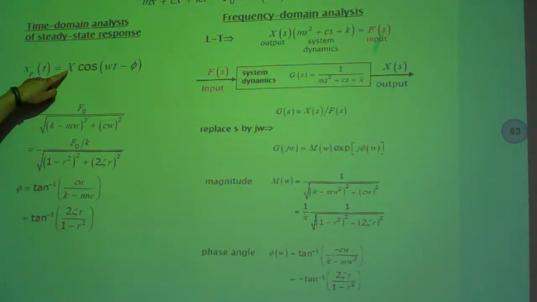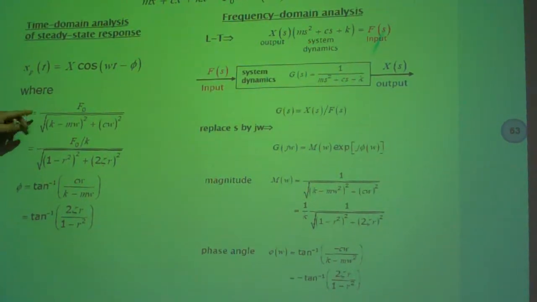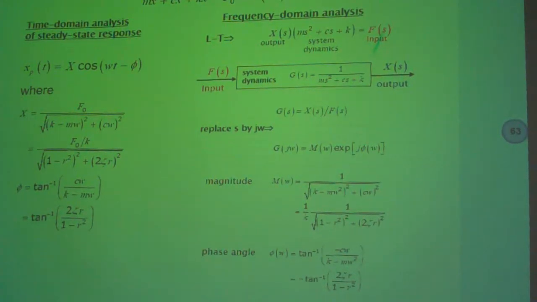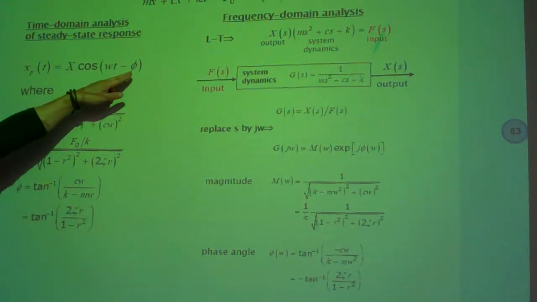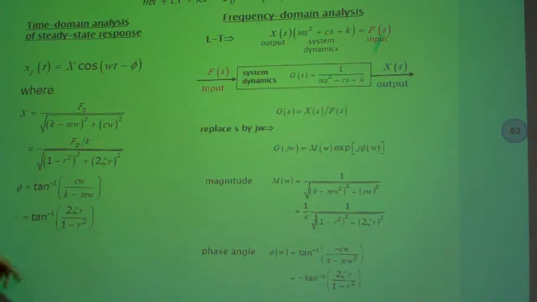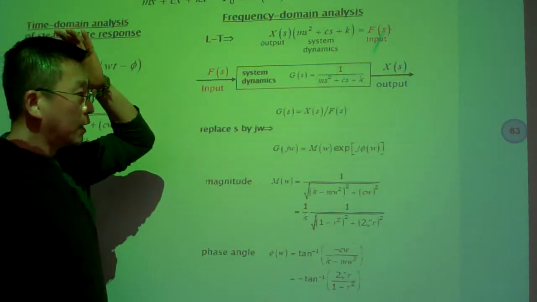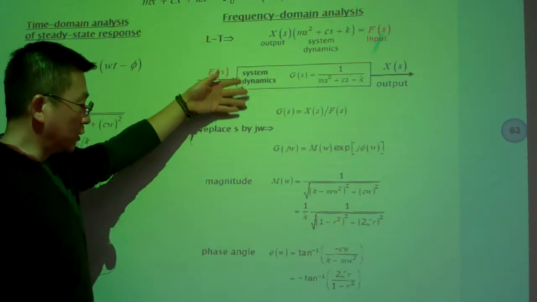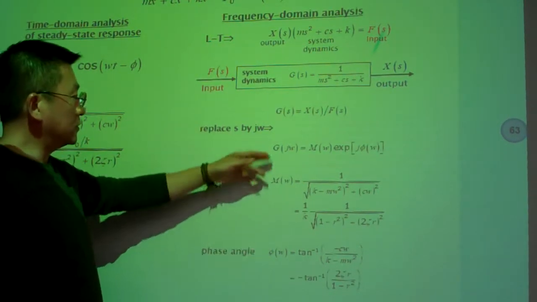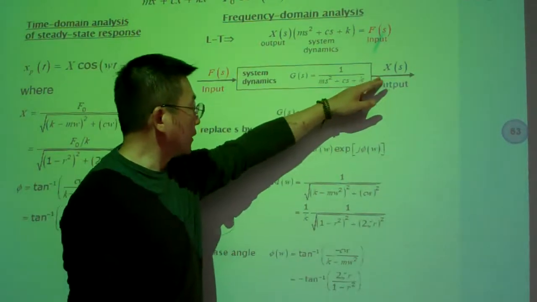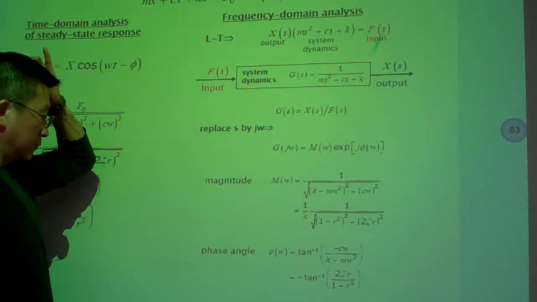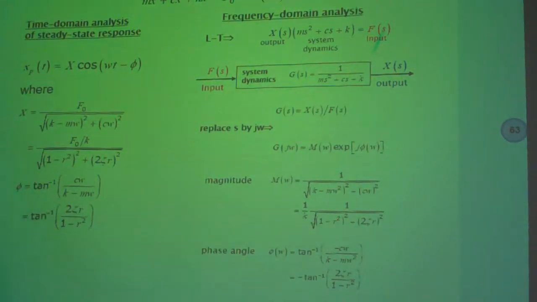Then we are able to calculate capital X equal to that one. Okay, and then the phase angle is something like this. Using the Laplace transform and the transfer function, again, we can have the same result. And so X of s equals the next page here.